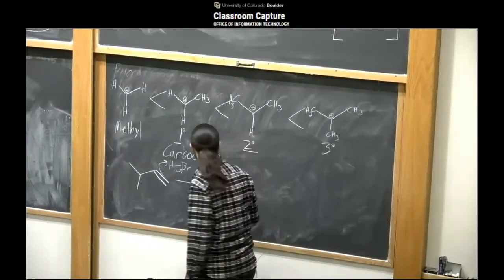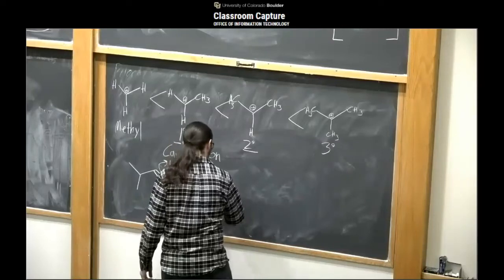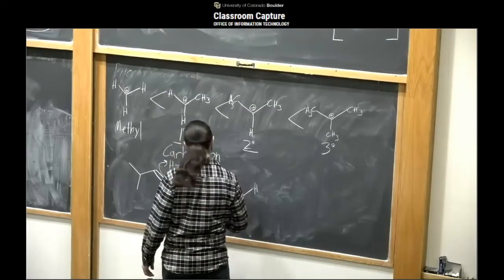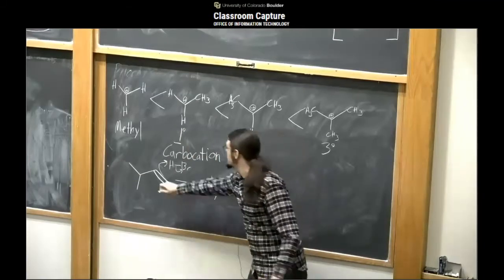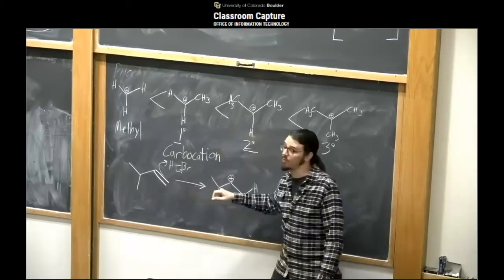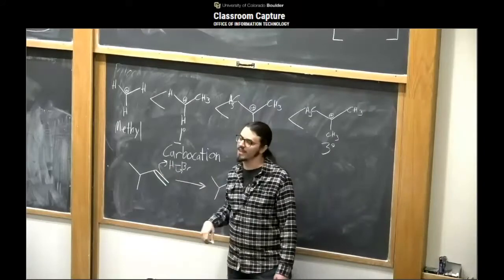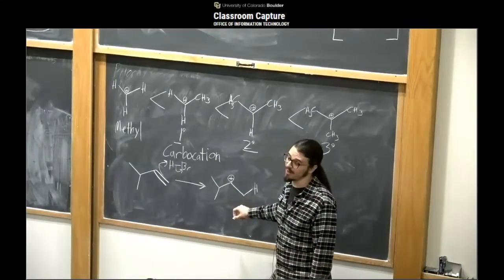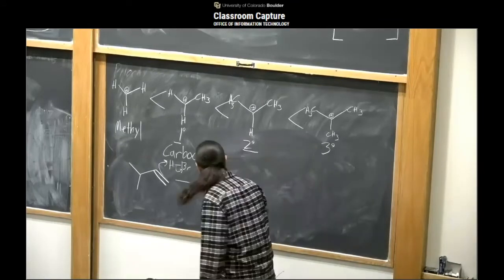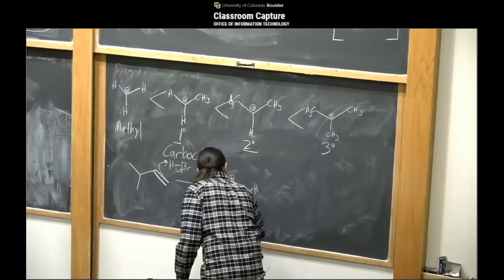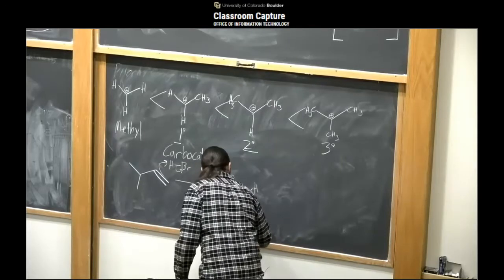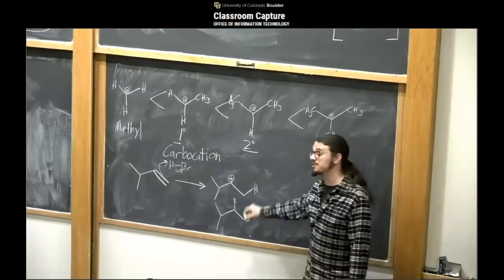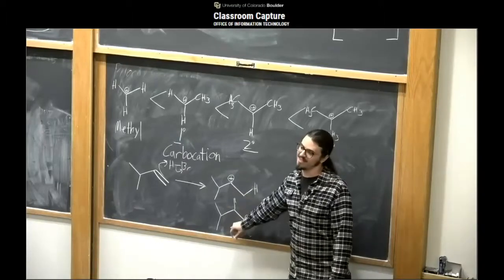So it'll form the secondary over the primary carbocation. There are two possible carbocations that this can form when it reacts with this proton on the HBr, and it's going to form the more stable initial carbocation. The other possible carbocation this one could form would be a primary. And given that we have these two options, it's going to choose the more stable one over the less stable one.